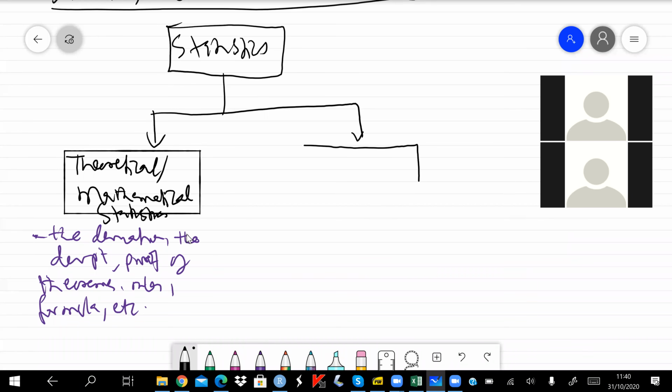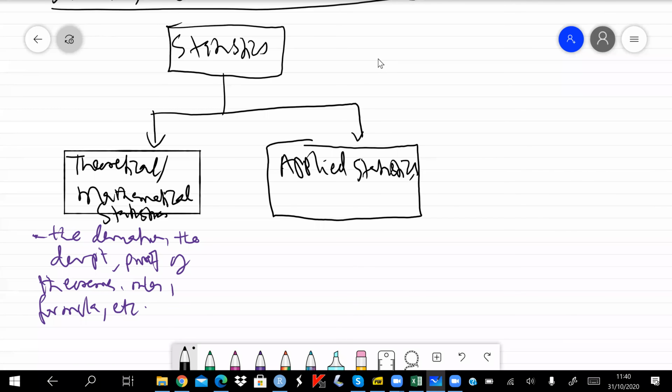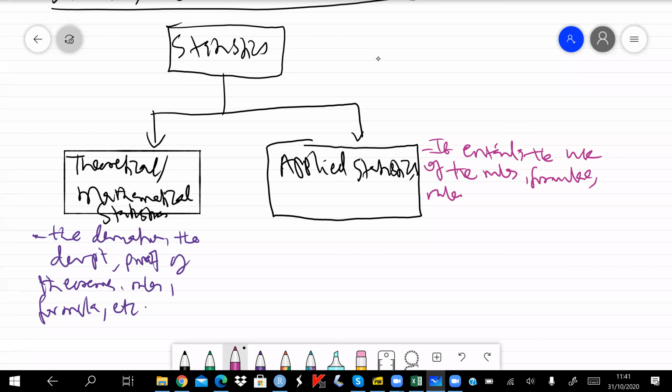Then on the other hand, we have the applied statisticians, applied statistics. This branch of statistics entails the application of the rules, formulae, the theorems, etc. to solve real world problems.